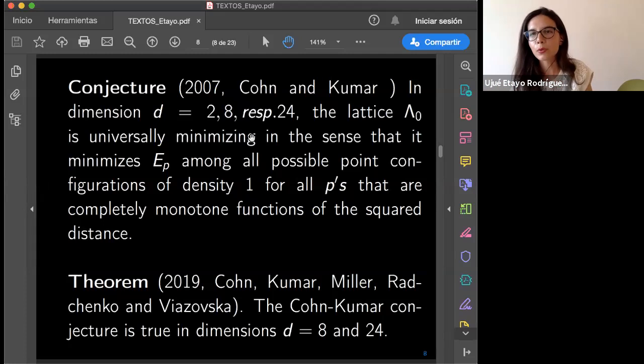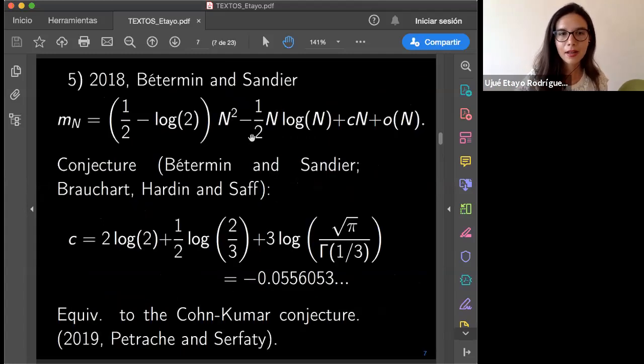If we are in dimension 24, then yes, the Leech lattice is the minimizer. And dimension 2 is still open. And dimension 2 for this conjecture is actually equivalent to the previous conjecture that we saw here, that the constant for this expression of the minimal logarithmic energy is exactly this.